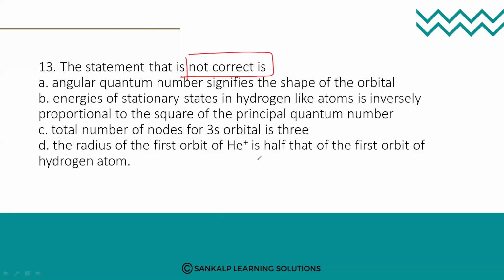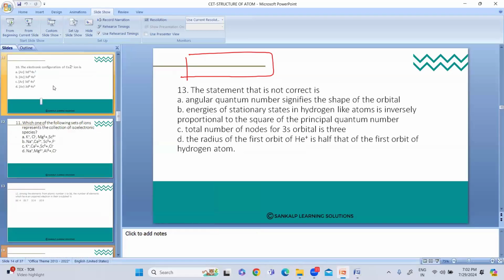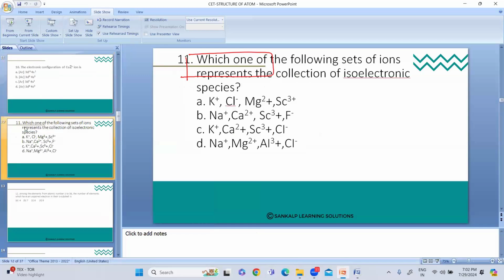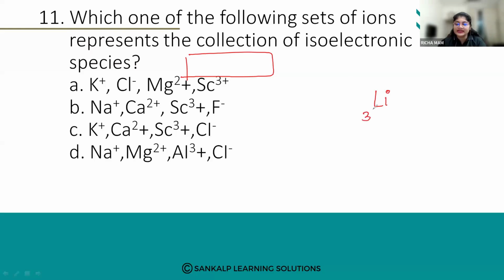Okay, when we were discussing this particular question on isoelectronic species, just remember this formula. Suppose you have the element lithium. Lithium's atomic number is 3 and its mass number is 7.